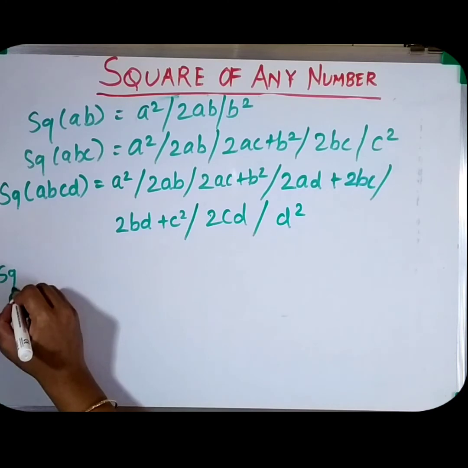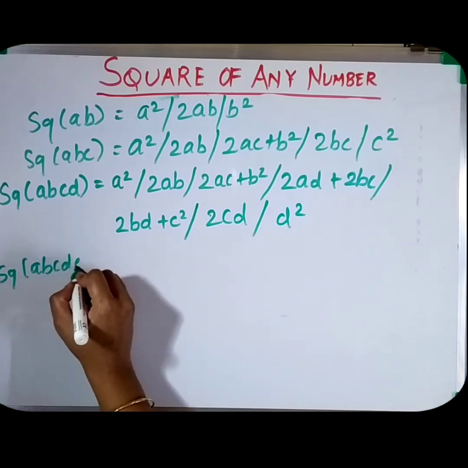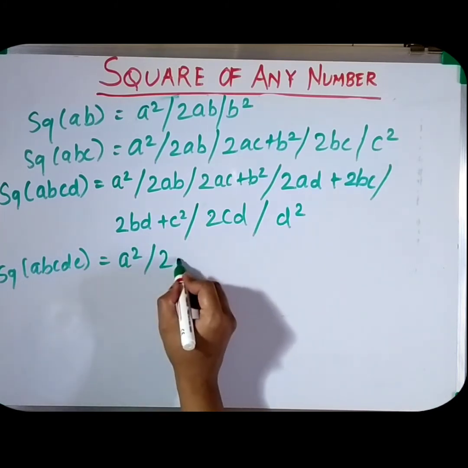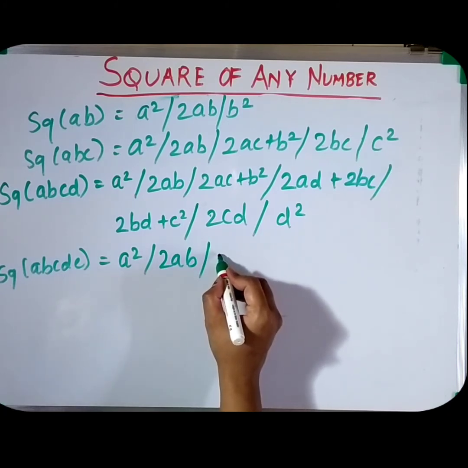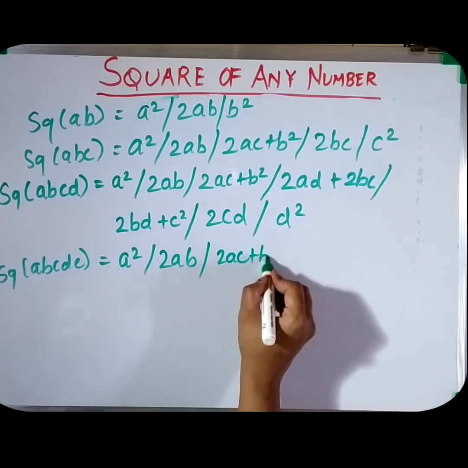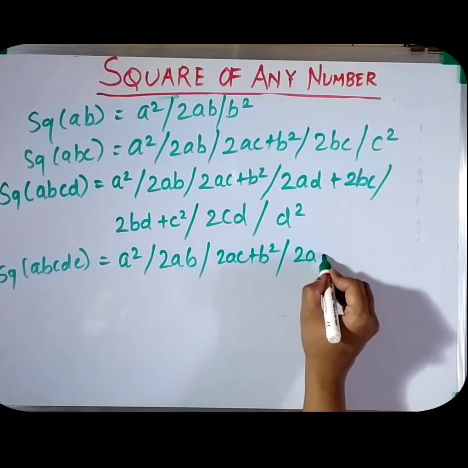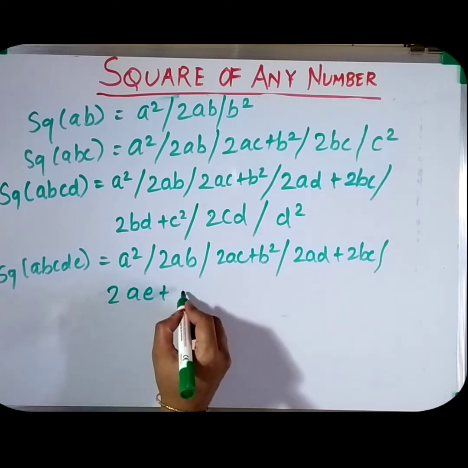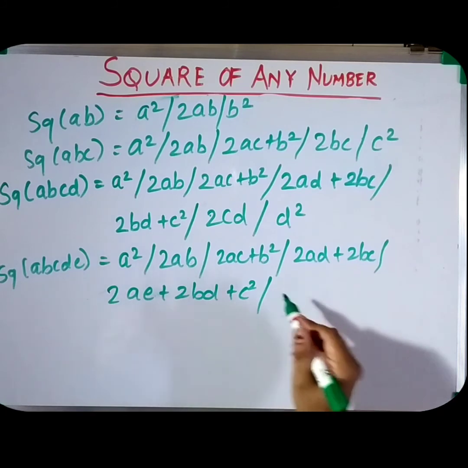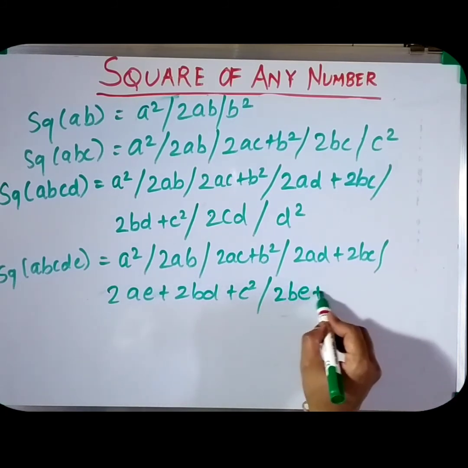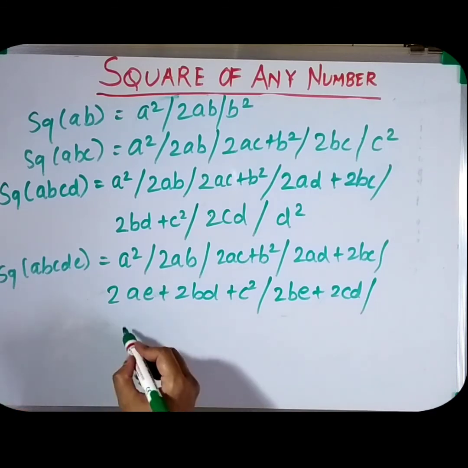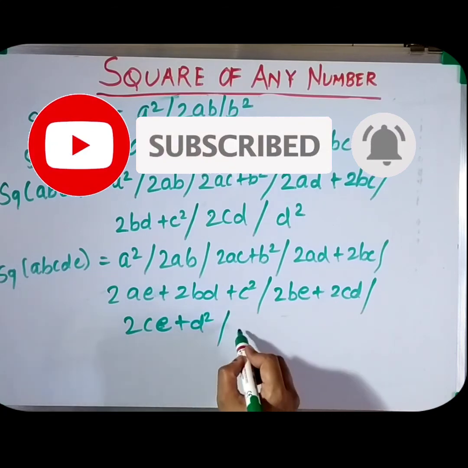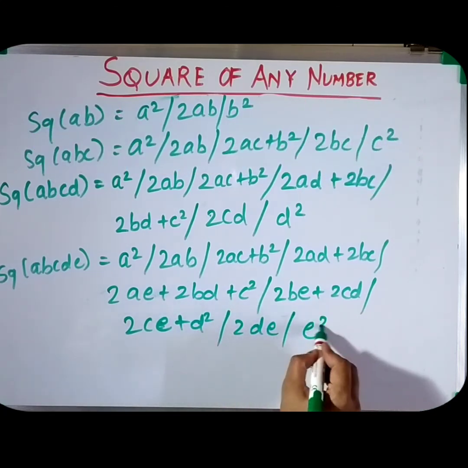Similarly, if I have to find the square of a 5 digit number, so duplex of the first digit, duplex of the first 2 digits, duplex of the first 3 digits, duplex of 4 digits, then the duplex of 5 digits, then the duplex of the last 4 digits, that is 2BE plus 2CD, then the duplex of the last 3 digits, then the duplex of the last 2 digits, and the duplex of the last digit.